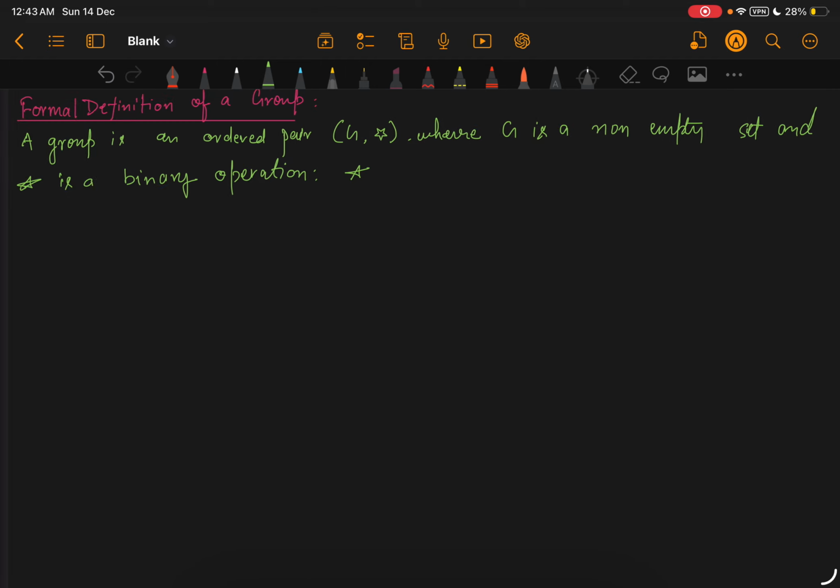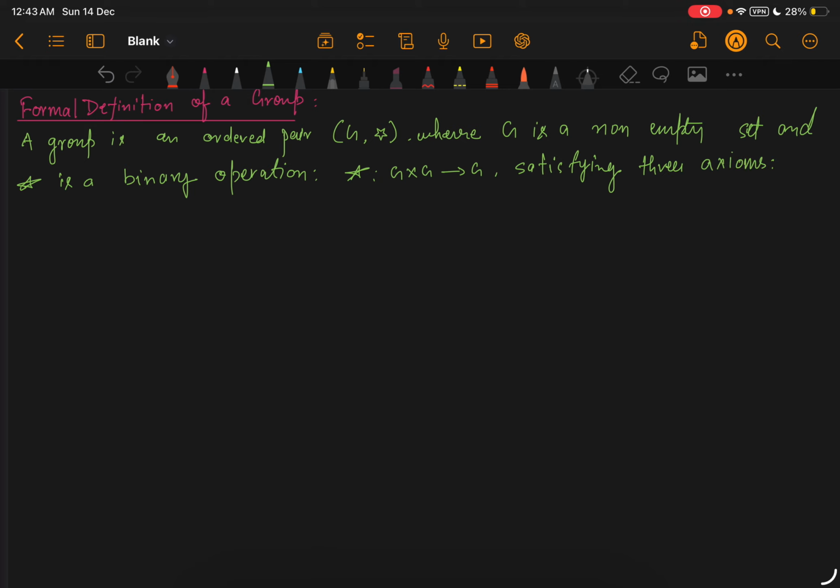And how is star defined? It's defined from G cross G to G. It will take two elements of G, apply whatever operation it is defined as, and give an element in G. And it satisfies three axioms.